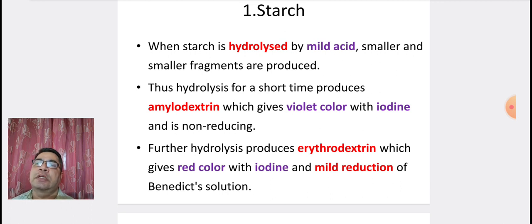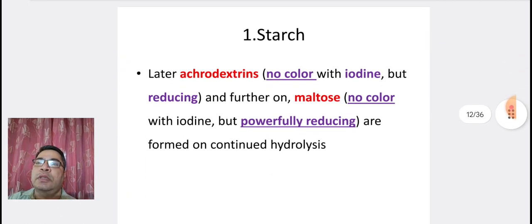Further hydrolysis produces erythrodextrin, which gives red color with iodine and mild reduction of Benedict's solution. Later, achrodextrins are produced, which give no color with iodine but are reducing. And further on, maltose is produced, which gives no color with iodine but is a powerful reducing agent.